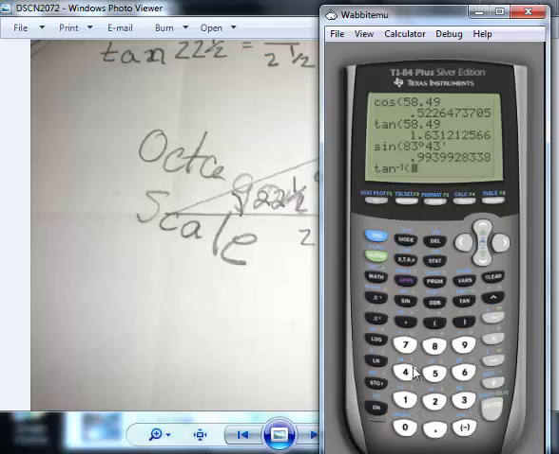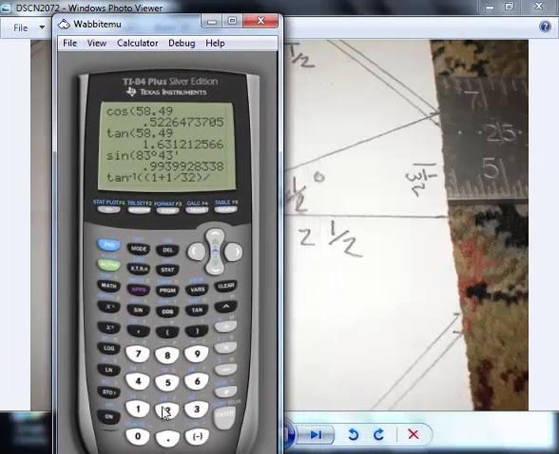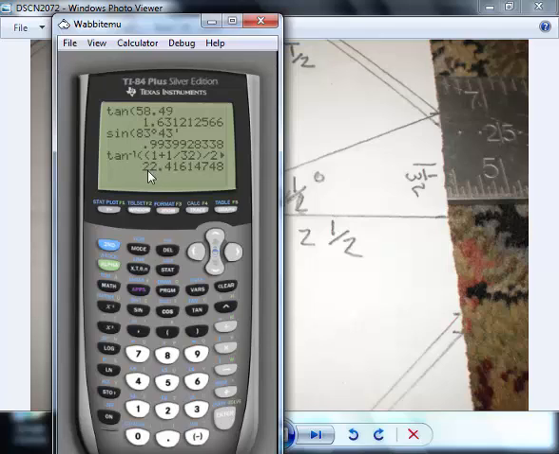And then I'm going to need a set of parentheses for the 1 plus 1/32nd, divided by 2.5. I'm just going to write 2.5. Now, when I press enter, it says it's 22.41.